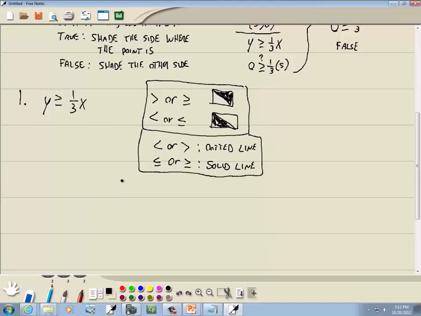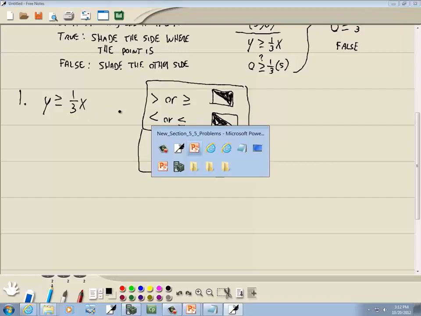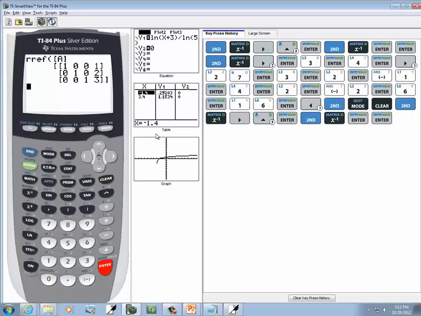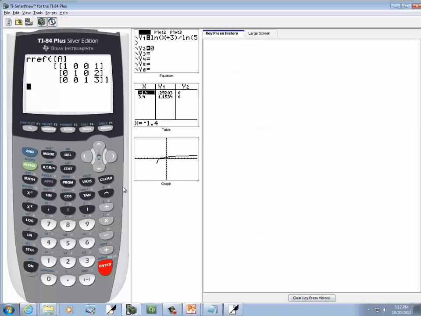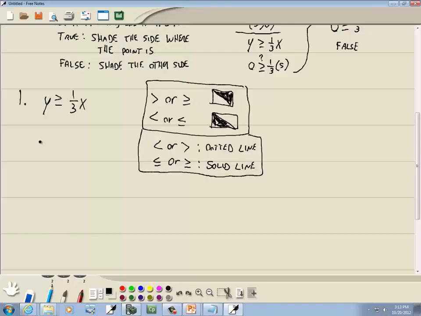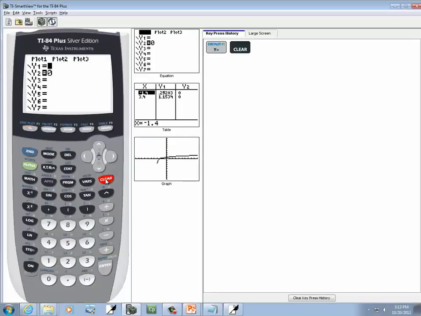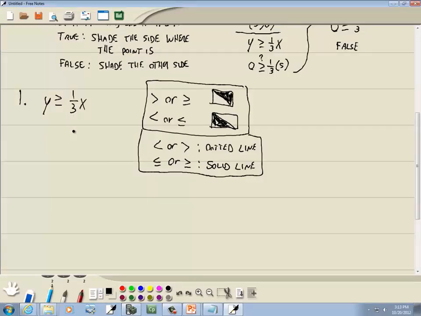Now specifically, to plug anything into your calculator, you have to have y by itself, which is fine. We have y by itself in this one. So let's go plug this in our calculator. I'll press clear that out from before. I'll press y equals, and we'll do clear to clear out whatever's in the line, and then we got 1/3 x.